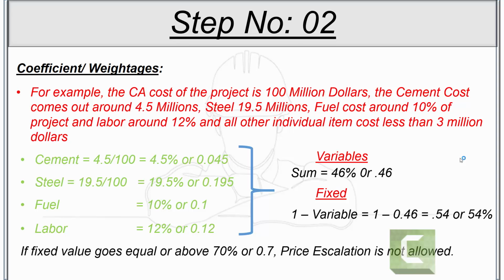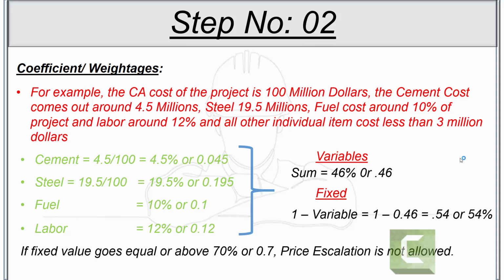If the fixed value is equal to or above 70% or 0.70, price escalation is not allowed. You can't claim price escalation if the fixed percentage is 70% or more. It means the rate does not change that much.